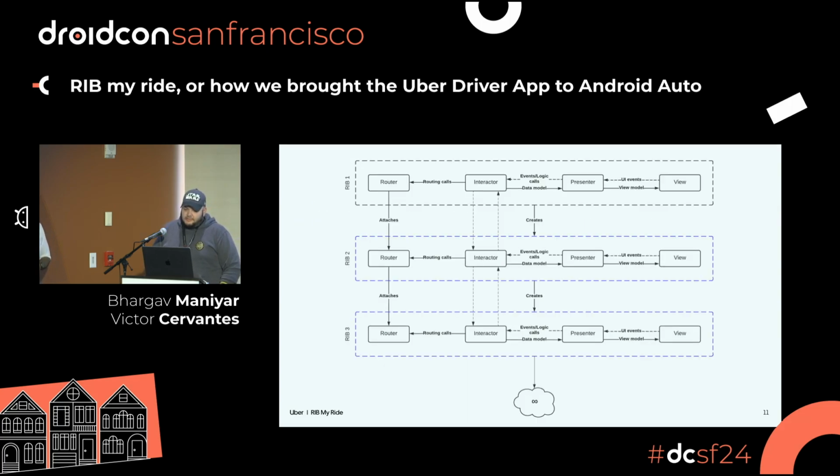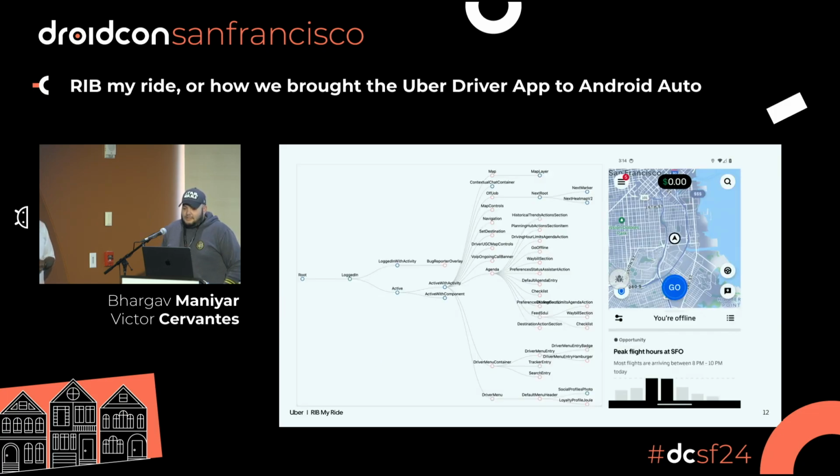So what it means in the RIB world is that one RIB can attach another RIB. It creates and attaches, and it can grow up to infinity. Infinity in this case, but we are aware that there are some limitations on memory. In a real-world example, on the left side you will see the Uber application as the users see it.